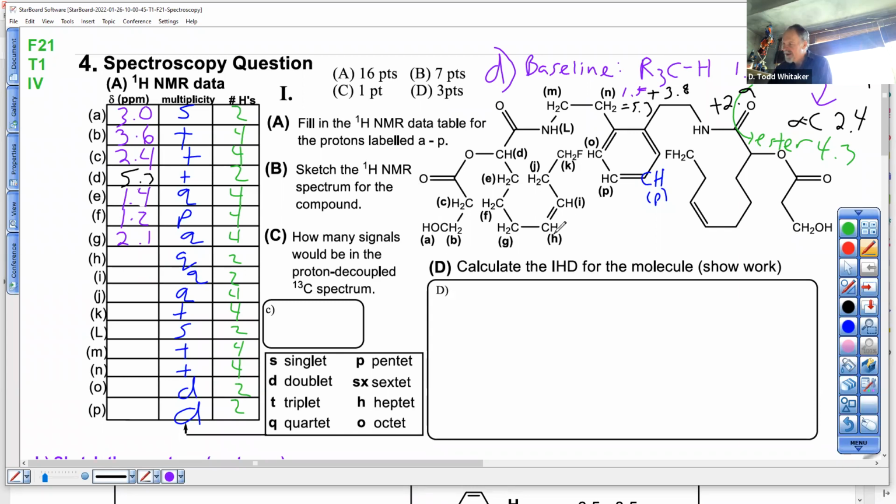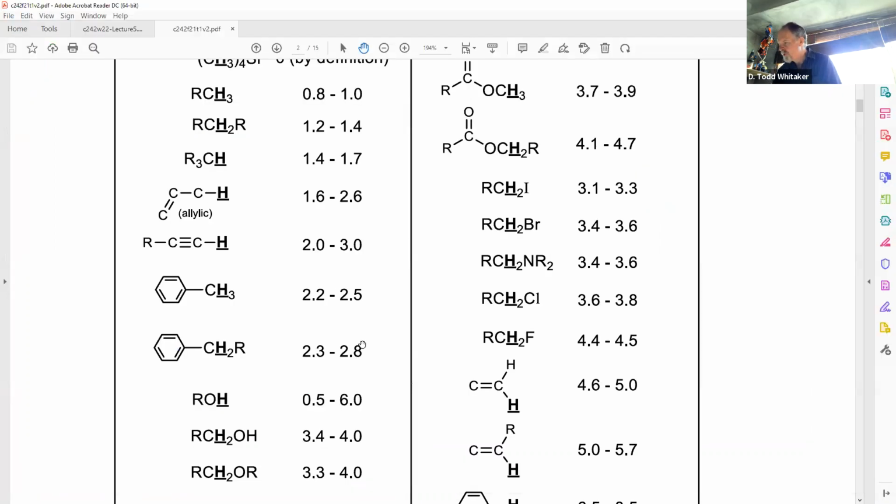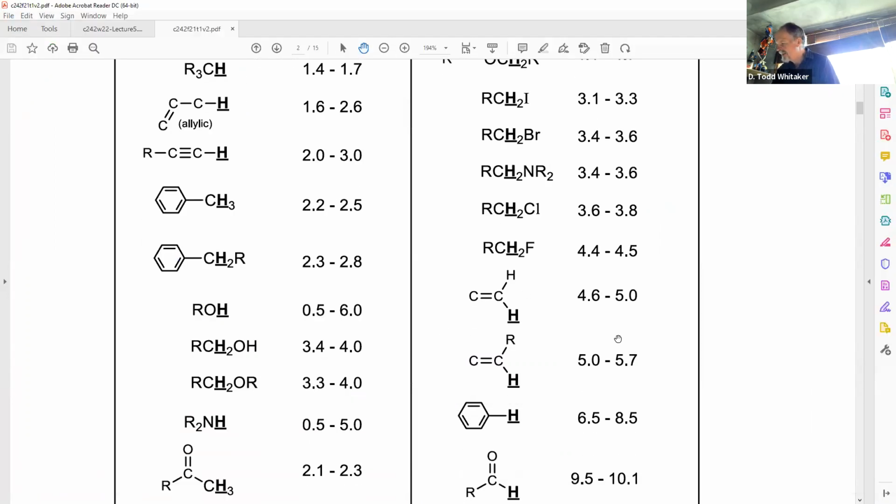So low end of the internal vinyl, high end of the internal vinyl. Let's find the internal vinyl. H directly attached to an alkene. Terminal, which means end of a chain, versus internal, middle of a chain.